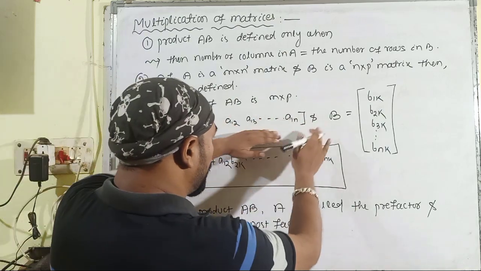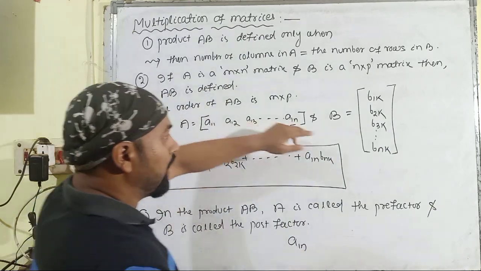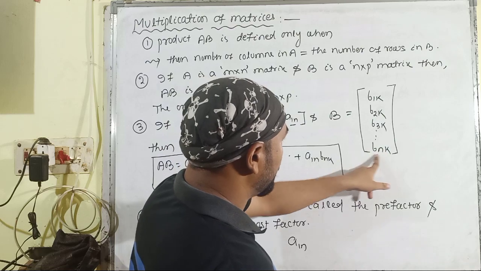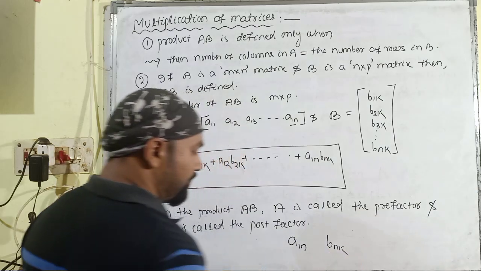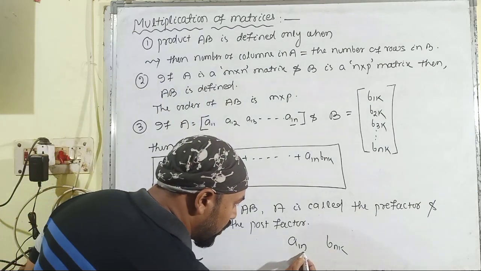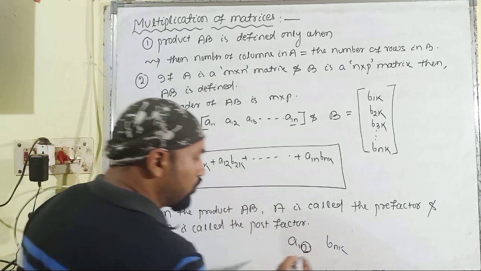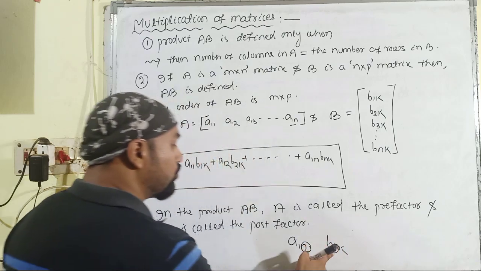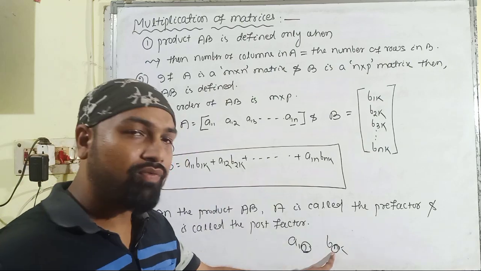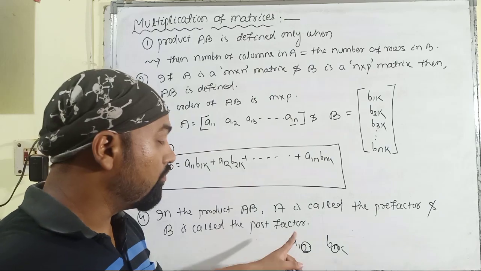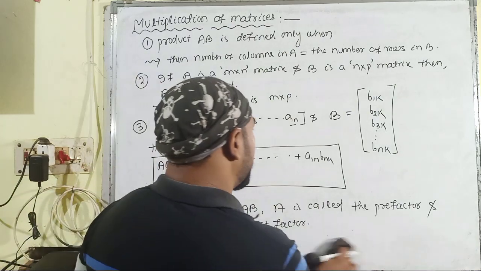So first of all, I have to go through the last element, A1n, and in the second matrix I have to go through the last element, B n1. You can see that the total number of columns of the first matrix is equal to n. The total number of rows of the second matrix is equal to n, and they are equal with each other. So the matrix multiplication is possible here, or you can say that AB is defined here.